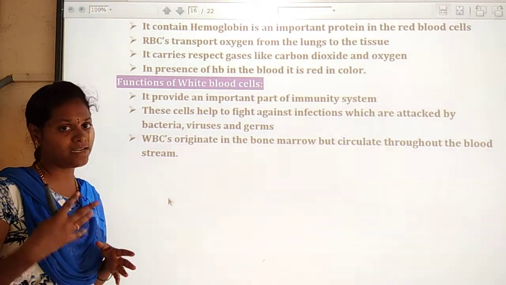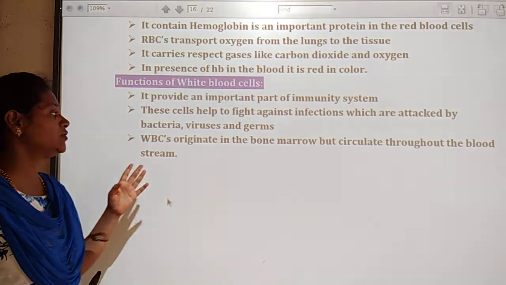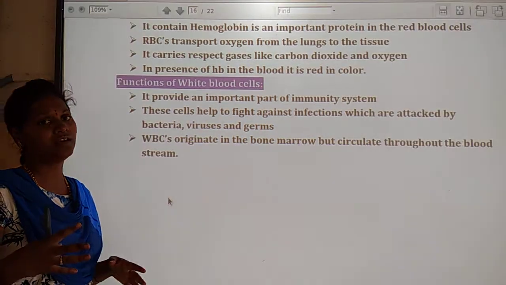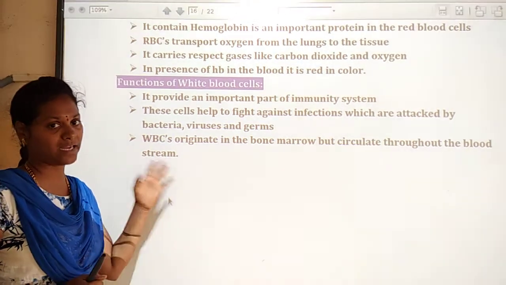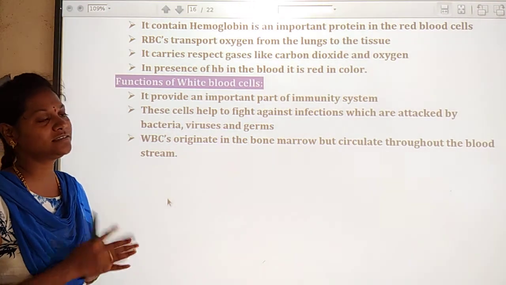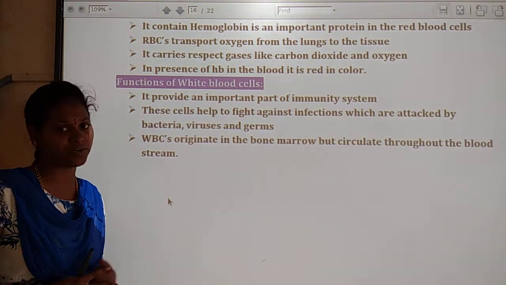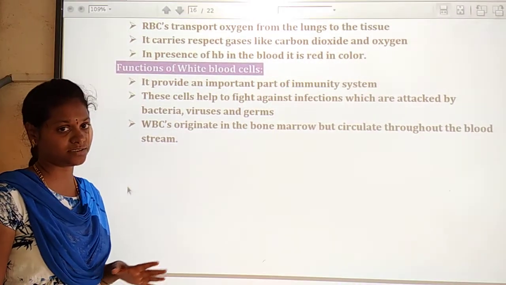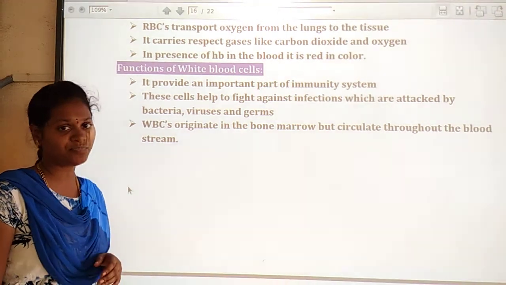Whatever disease enters our body, whether it is bacteria caused, virus caused or germs caused, these white blood cells can fight against these types of bacteria, viruses or microorganisms. With their help we do not fall sick easily; the white blood cells protect our body. It can protect against the diseases. Understand? Here the white blood cells protect against the diseases.